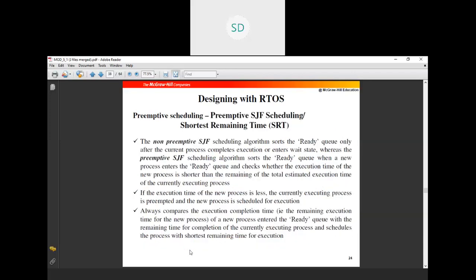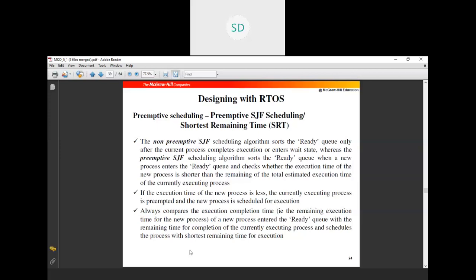So we'll go to the first type of preemptive scheduling, that is known as SJF, shortest job first, or shortest remaining time. Either we call it SJF or SRT. In general, it is shortest job first. So this is one type of preemptive scheduling algorithm.